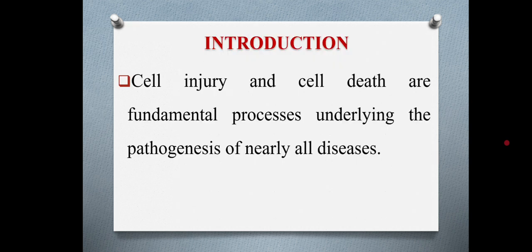So we're saying that cell injury and cell death are fundamental processes that underlie the pathogenesis of nearly all diseases. I did indicate that most of the diseases that we see are a result of the cells being injured and the cells ending up dying. Why must you start sneezing if you've been infected by a virus?